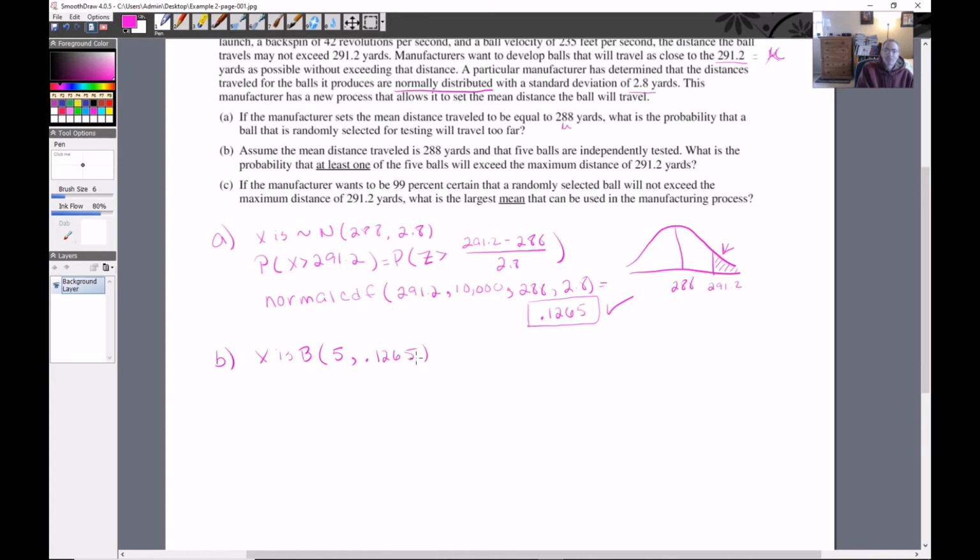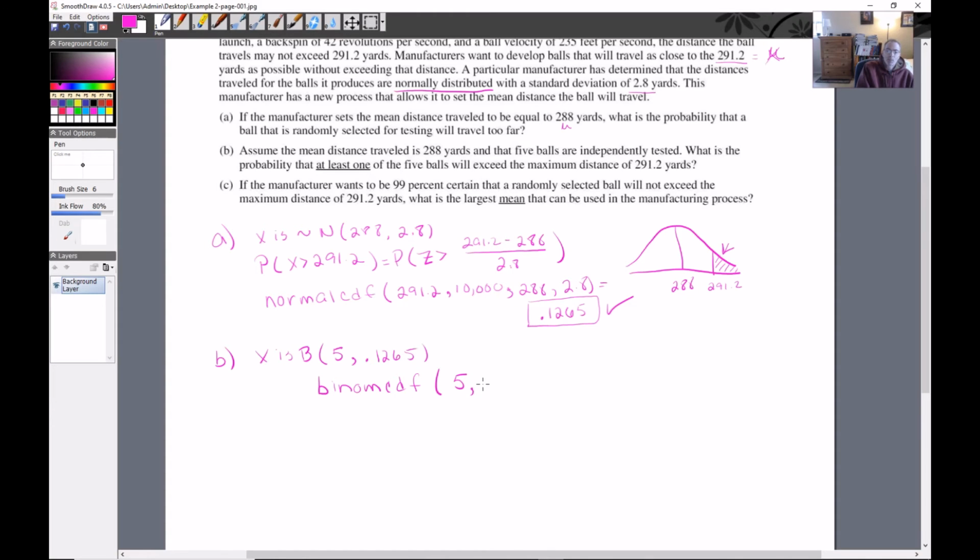And that at least one will go. You could do 1 minus the probability that none will. But let's just go ahead and do it sort of the easy way. So this is binom CDF, because it could be 1 or 2 or 3 or 4 or 5. This is 5.